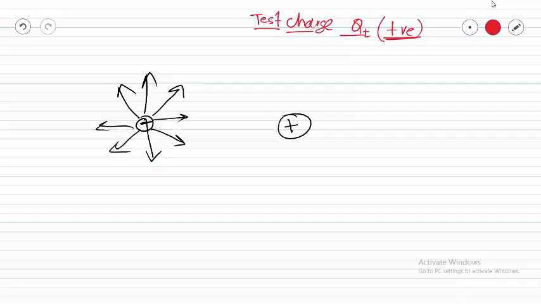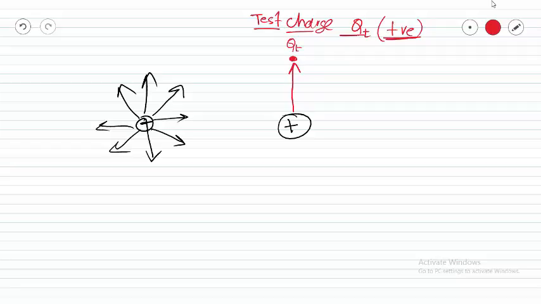So when I keep a test charge at this point, q2 is already there. When I place this test charge qt at this point, according to Coulomb's law of force, this test charge experiences a force like this. This is the already existing charge in this place, and now we brought the test charge.